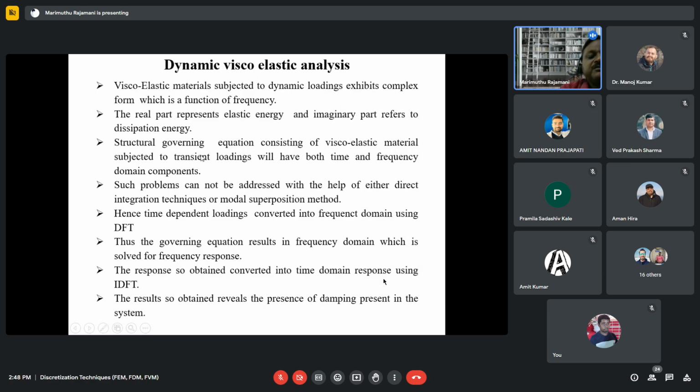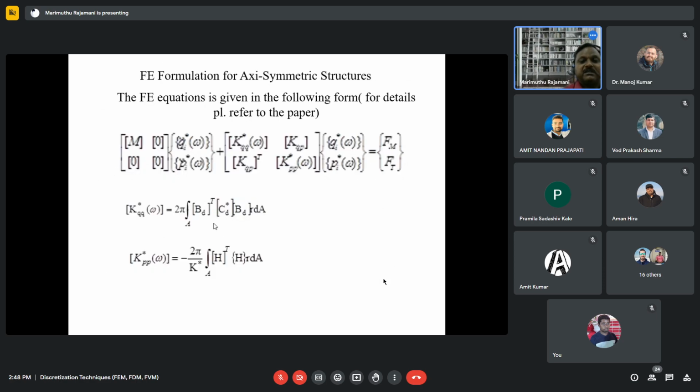When it's subjected to dynamic loads, not necessarily transient, it can be harmonic load also. In that case, it gets into complex form. If you are applying harmonic loading, I will show the equation. This is the way the equation gets into.